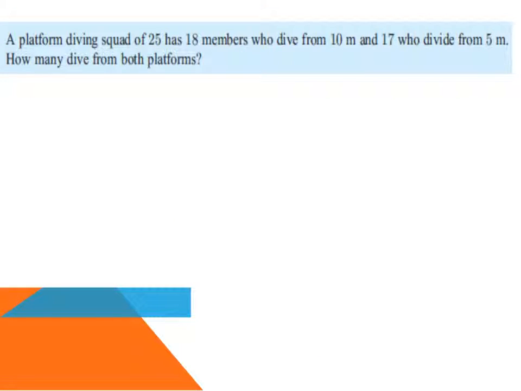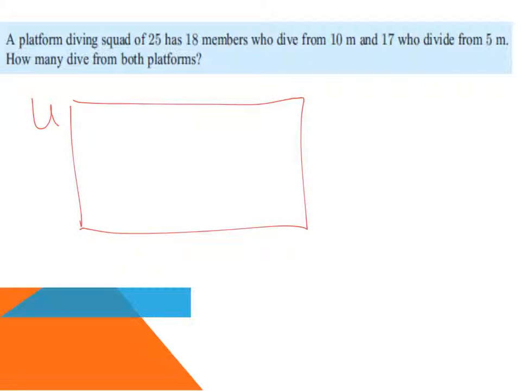Okay, next problem is there's a platform diving squad of 25, and it has 18 members who dive from 10 meters and 17 who dive from 5 meters. So we want to know how many dive from both platforms. So if we wanted to build a Venn diagram, we have our diving squad, and then we're going to have those that dive from 10 meters and those that dive from 5 meters.